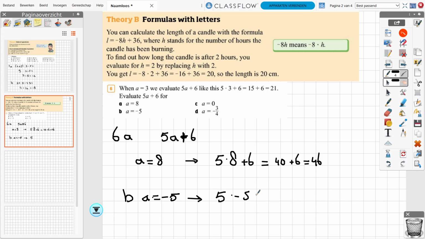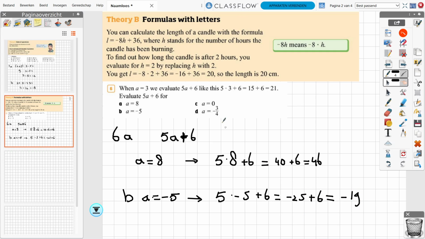Plus 6. Calculate this. 5 times minus 5 is minus 25. Plus 6. And remember, I'm negative right now. So minus 25 plus 6 gives me minus 19.